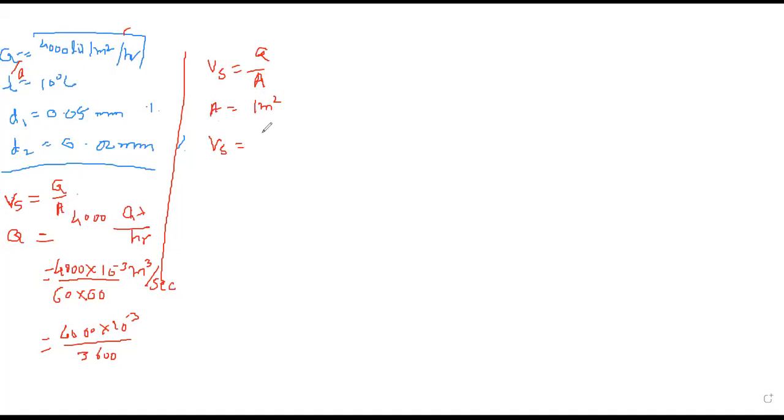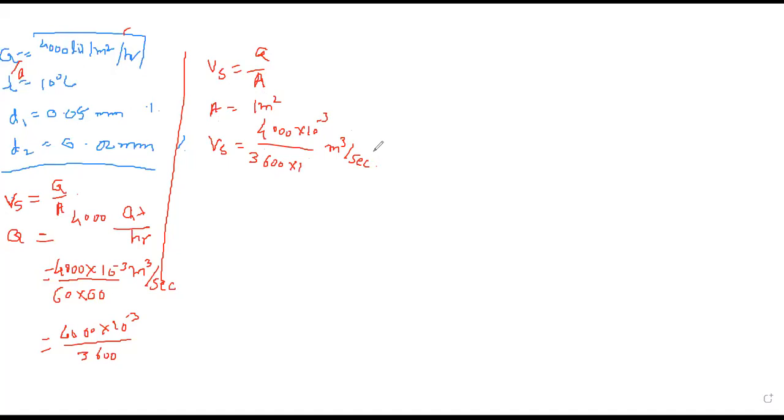So Vs is equal to 4000 into 10 raised to minus 3 upon 3600 into 1, meter cube per second. Okay. So this is the Vs.